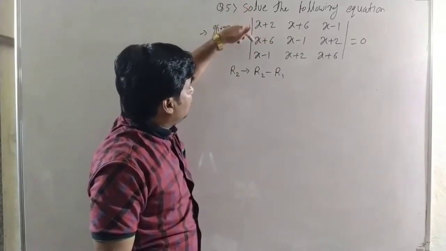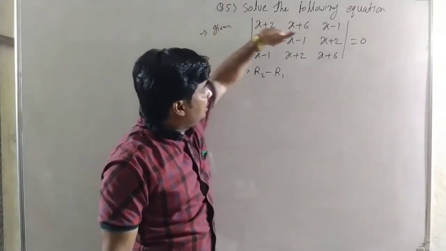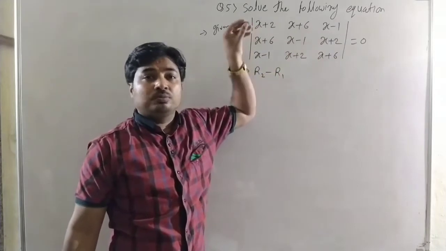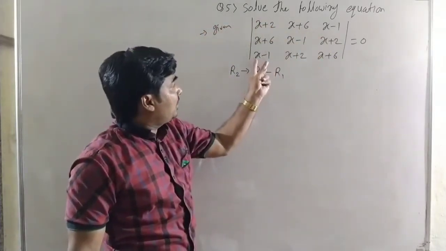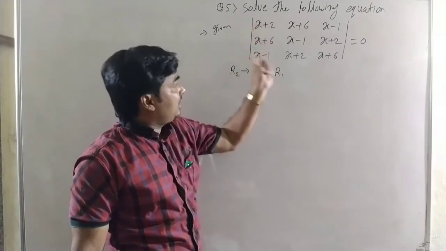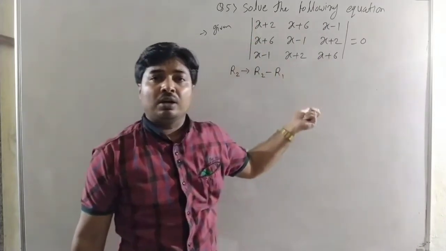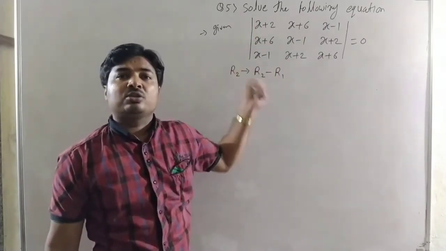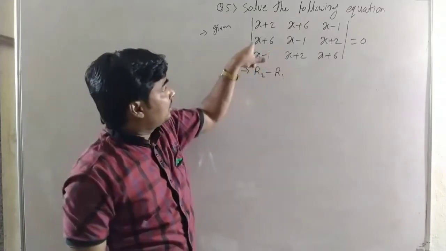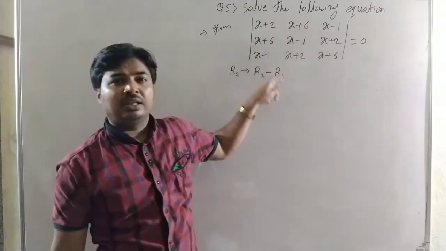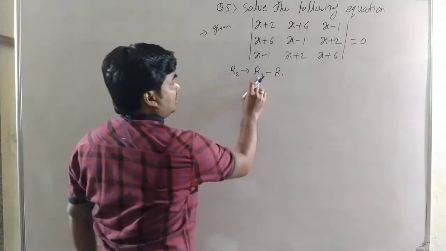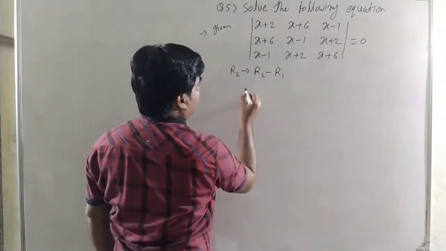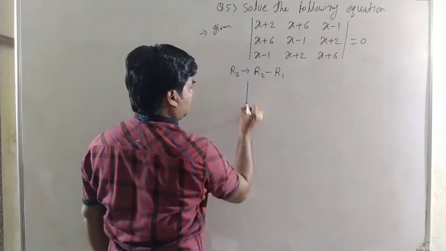Then the x in row 2 gets deleted, and when we take R3 minus R1, again the x, the variable in row 3, is also deleted. If the variables are absent then we can easily calculate. Now first R2 minus R1, then the determinant is, see carefully.